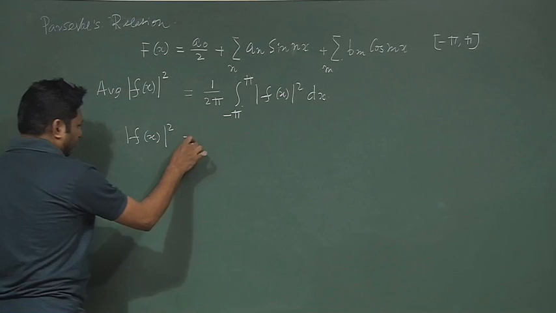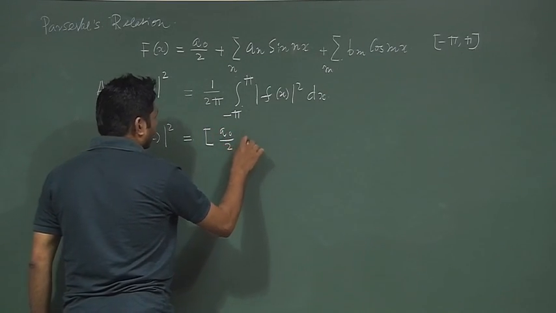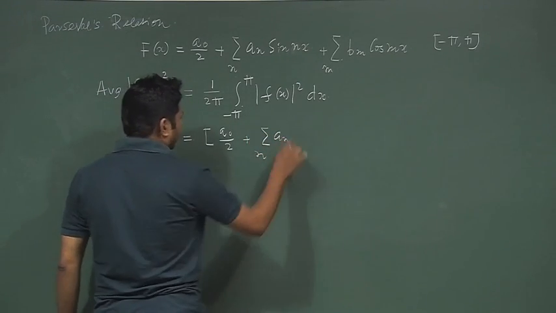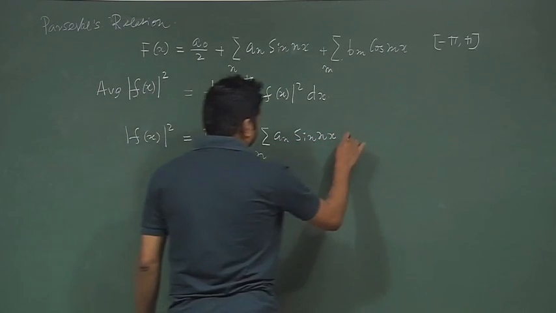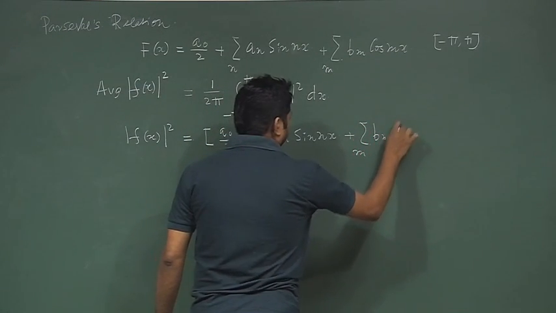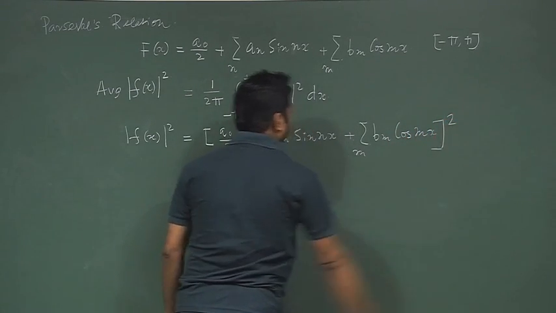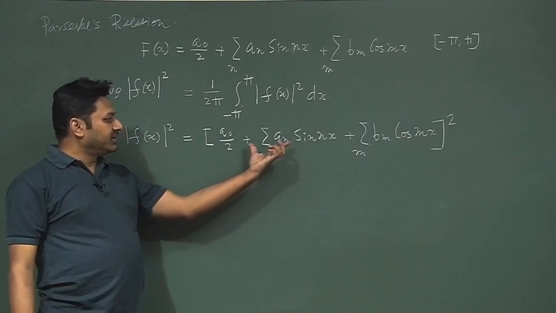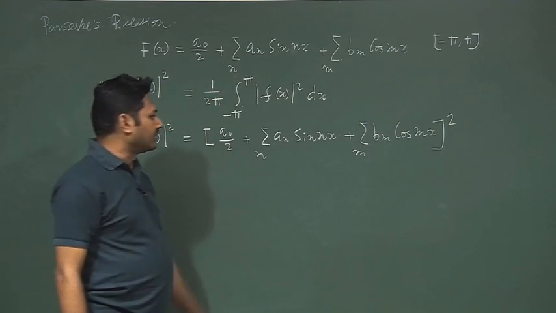So, the question is, what is this? This thing is nothing but a0 by 2 plus a n plus, square of that, straightforward square, because for the time being I am considering the coefficients are real to make life simple.